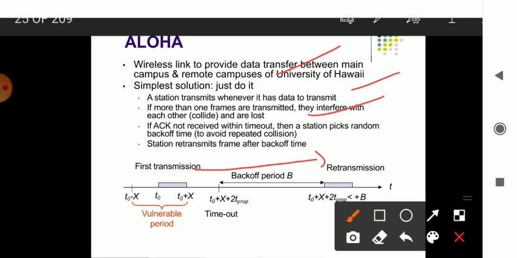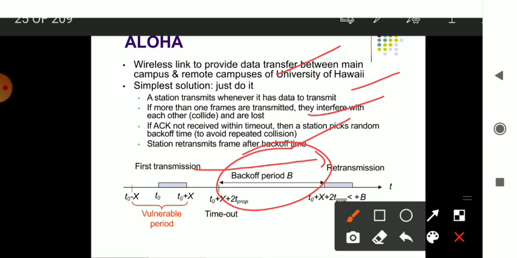At that time, a certain concept should be maintained: if an acknowledgement is not received when the collision happens, a back off period is considered. The back off period is the time in which, if there is some problem in between and a chance of collision, the data may take a back step and execute late.